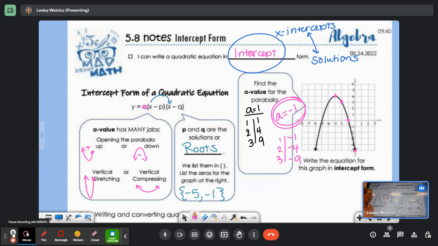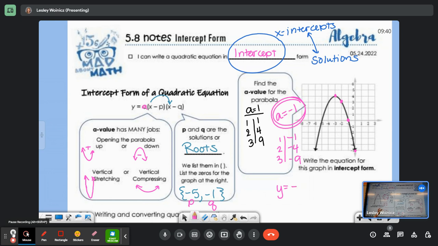Okay, so what we found here with the zeros are the P and the Q. So this is the P, this is the Q. It doesn't really matter which one you make which. And we're going to write our equation for the graph in intercept form. So that will be y equals a, negative 1. Because it's negative 1, I don't have to write the 1. I'm just going to write the negative.